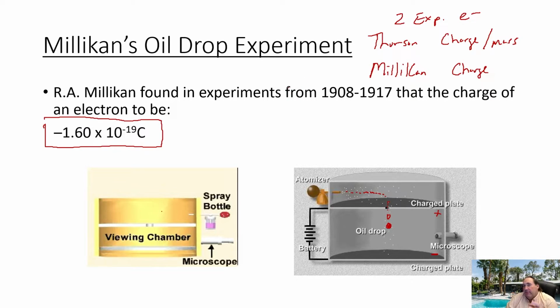So why are these two experiments really important for the electron? Well, if you look at what they both found, they both have charge in common, which means if we use the results of both experiments, we are able to figure out the mass of an electron.